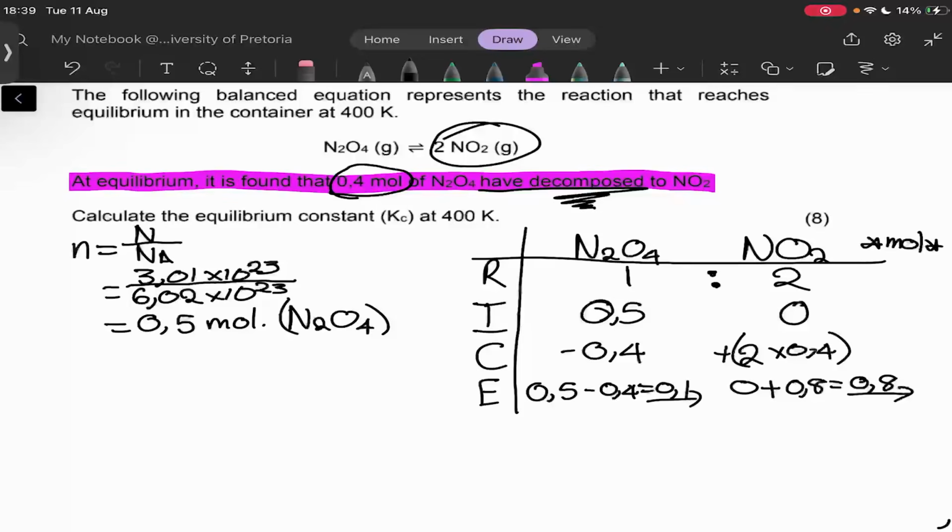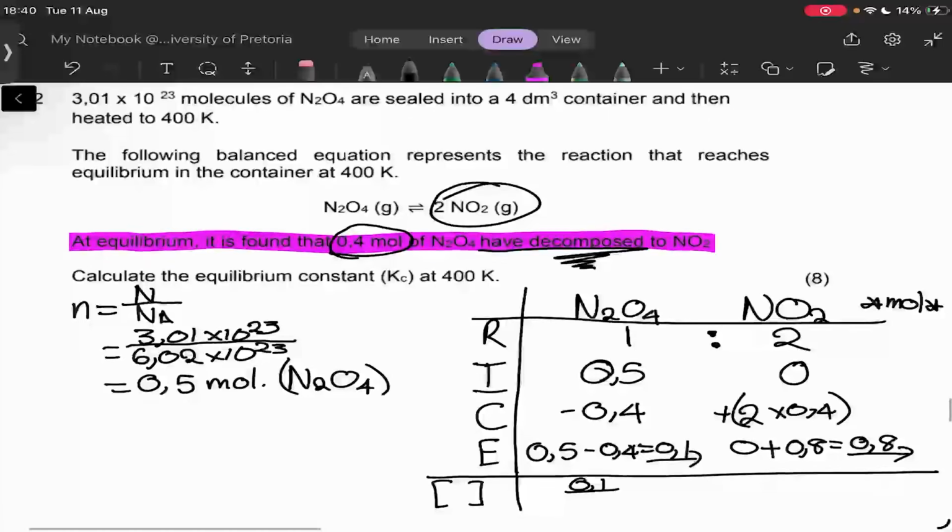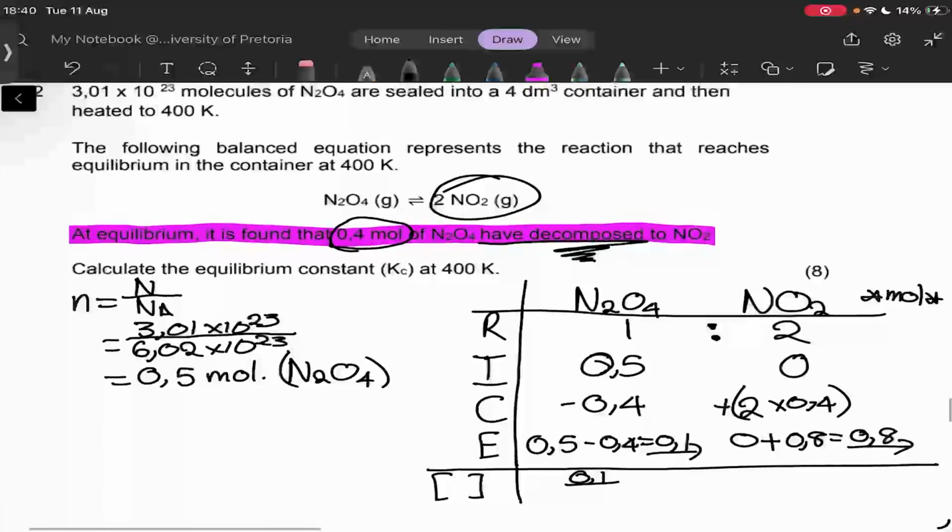Let's get our concentrations at equilibrium now. So I'm going to just draw a line there, and I'm putting these square brackets just to indicate concentration. And now for the concentration at equilibrium, we are going to have 0.1 over the volume. The volume in this case is 4 decimeters. So I know my concentration at equilibrium is going to be 0.025 for N2O4.